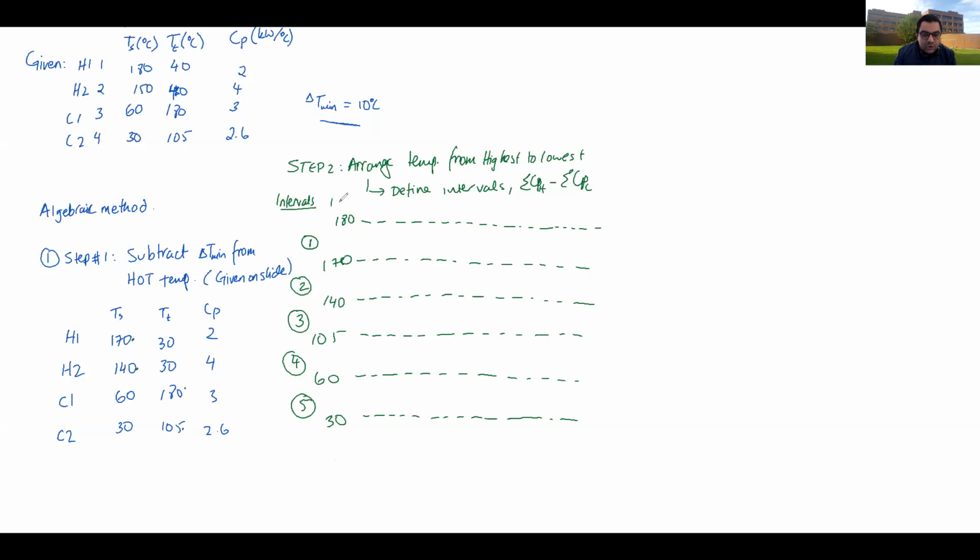These are my temperatures. I'm going to start plotting my streams. So let me change the color here. Let me pick purple. So I'm going to plot my streams.